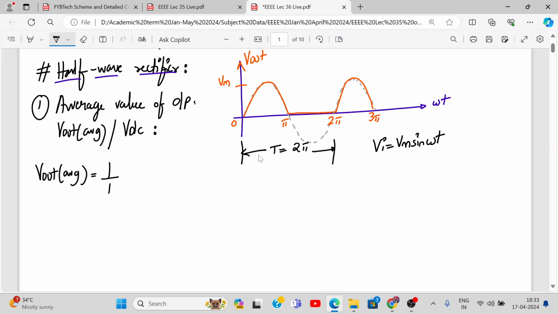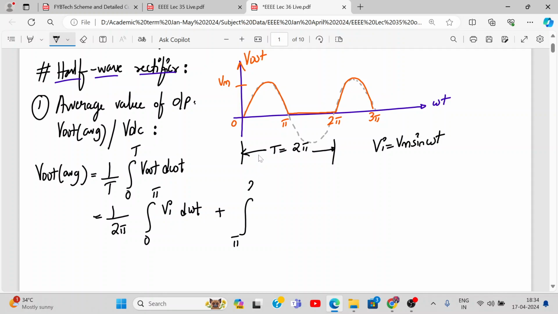You remember, 1 by period multiplied by the integral from 0 to period of the output d omega t. What is this period now? 0 to 2 pi. From 0 to pi, you have Vi d omega t. What about pi to 2 pi? It is 0. Agree?